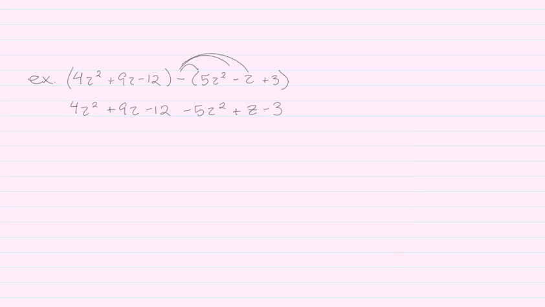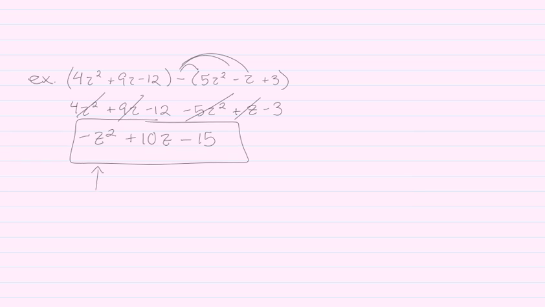And then you combine your like terms, so 4z squared minus z squared is a negative z squared, and then I cross them out to know that I've already dealt with them. 9 plus 1z is 10z, and a negative 12 minus 3 is minus 15. Exponents are decreasing. I start with my highest power, which is 2, all the way down to my constant.